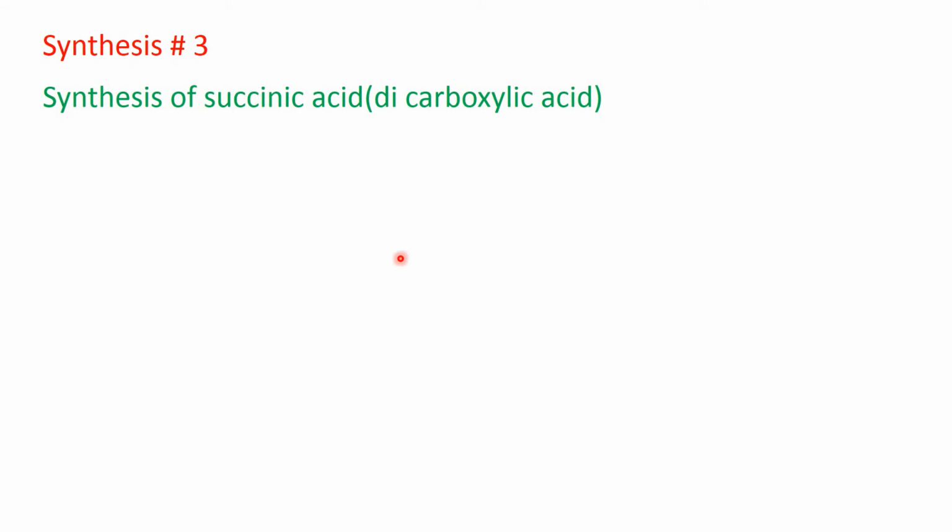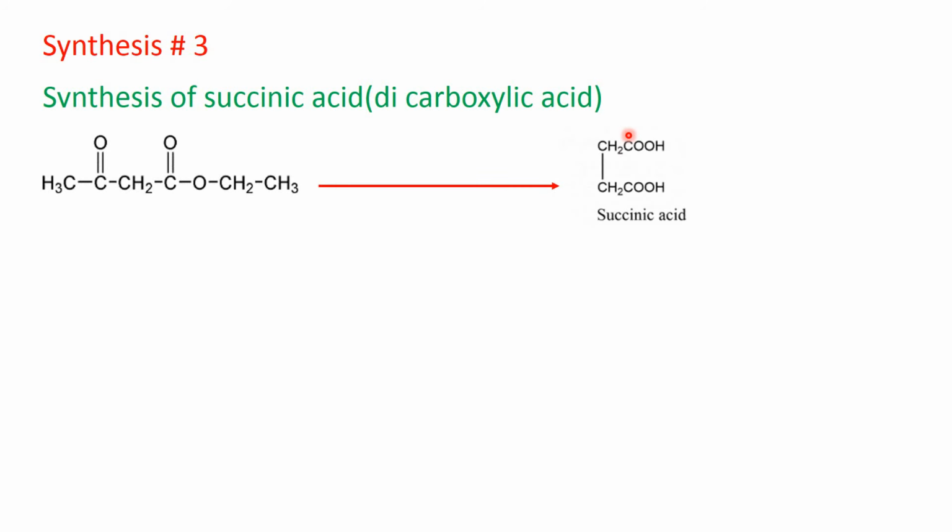Now synthesis number 3, synthesis of succinic acid, that is a dicarboxylic acid. Now from ethyl acetoacetate you have to prepare succinic acid. We know the cleavage point. So if we compare this part with succinic acid, CH2COOH is already there. So I have to introduce another CH2COOH. Two methods are there.